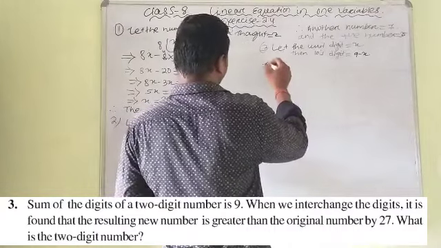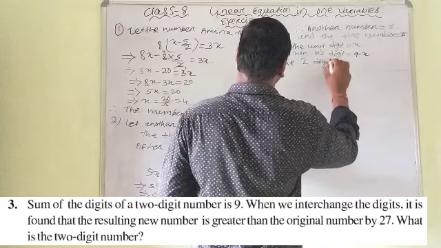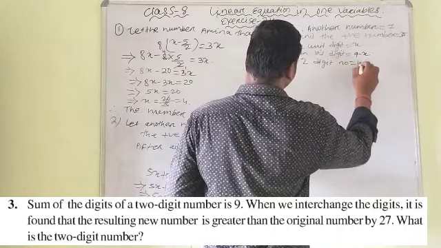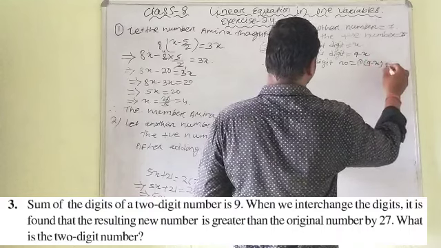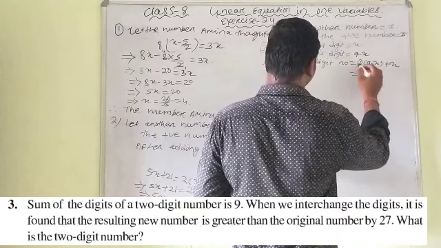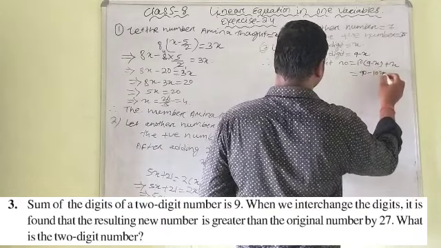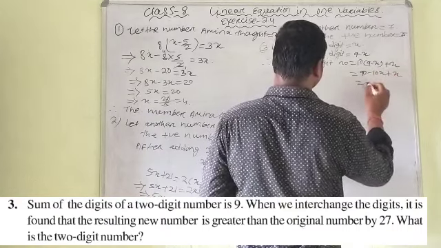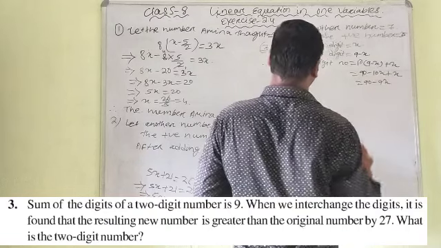Therefore the 2-digit number is equal to 10 into tens digit plus unit digit, which is equal to 90 minus 10x plus x. It is 90 minus 9x.